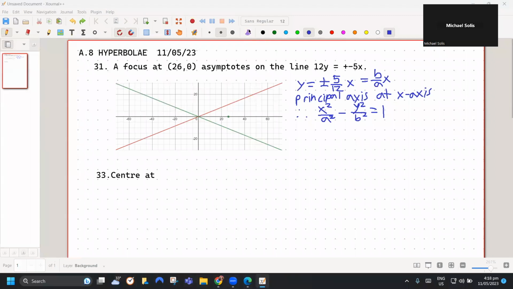So we have two equations, A over B is 12 over 5, and A squared plus B squared equals C squared. And C squared is 26 squared, di ba? So we have two equations with two unknowns.